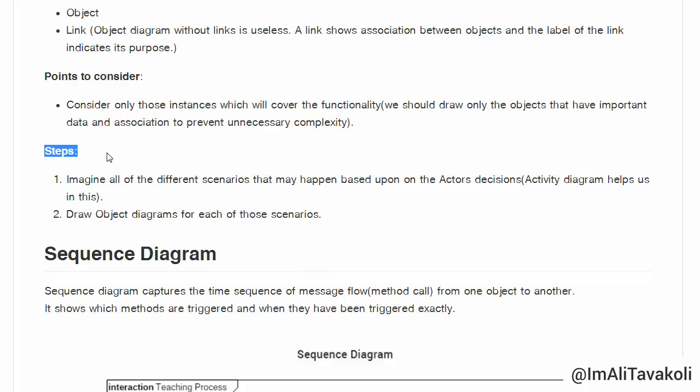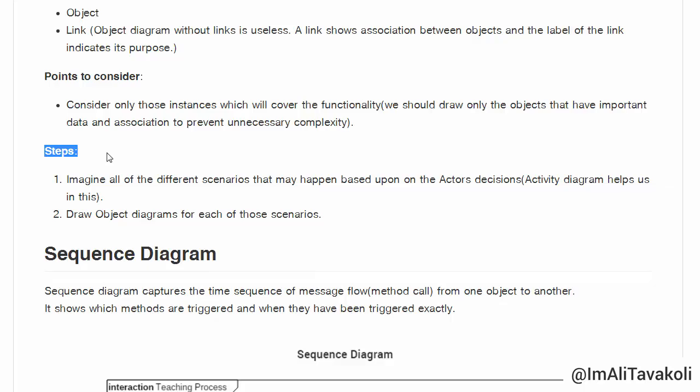The decisions in the activity diagram actually make different scenarios, because in an object diagram we want to look at our system from a practical point of view, and it's not a blueprint, we actually like to have a prototype. So those decisions in the activity diagram help us to draw different scenarios in the object diagram. And the second step is to draw an object diagram for each of those scenarios.